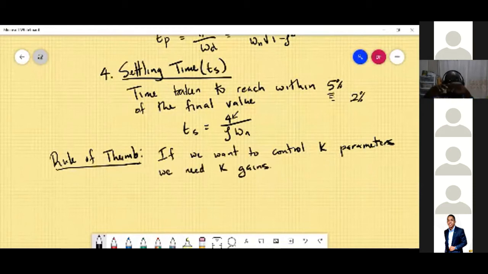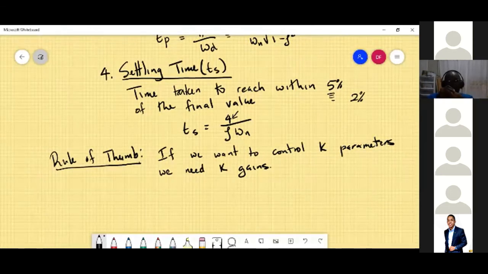So in other words, suppose we want to control two things, peak overshoot and settling time, then we need two gains. If we want to control peak overshoot, settling time and peak time, that's three things we want to control, then we need three gains. Basically, it's not a rule that says that this must be done, but this is just a rule of thumb that if we're using pole placement, then that is something that we need to bear in mind.